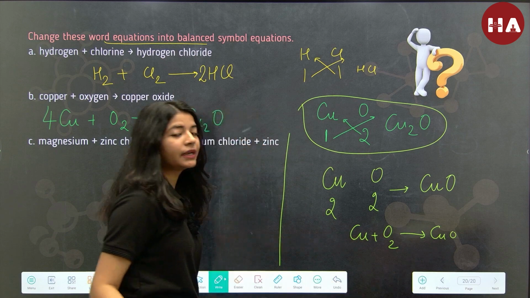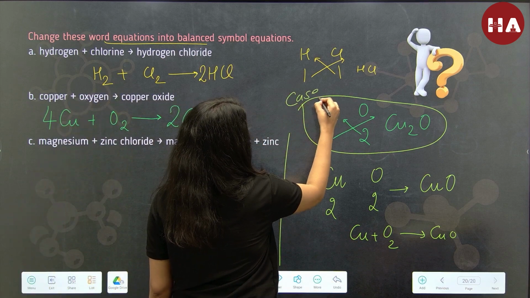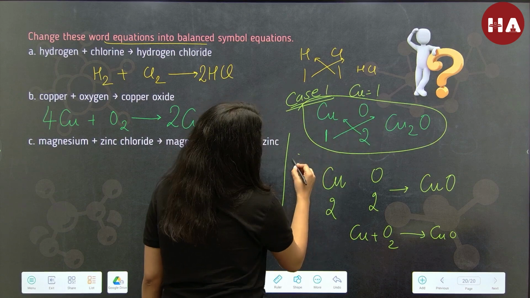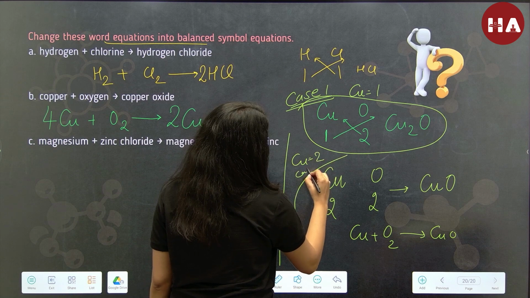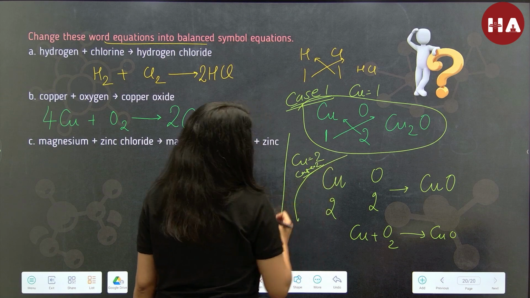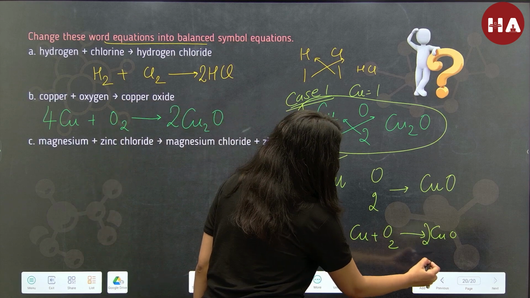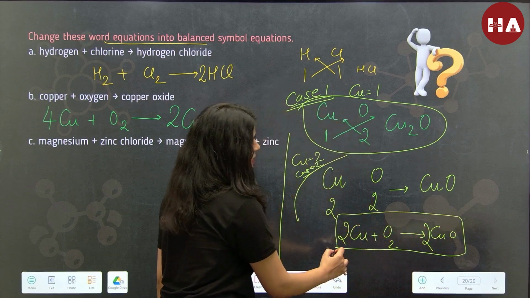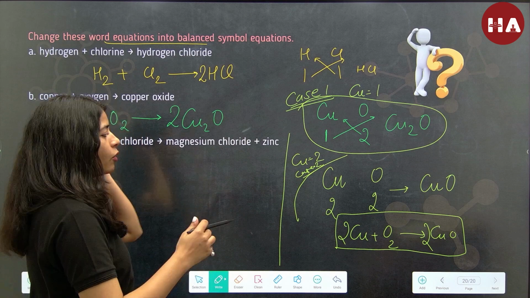The only difference is, in the first case, this is case number 1, we are considering copper valency to be 1 and here, in case 2, we are considering copper valency to be 2. You can take any, whichever you want. So now let's balance this. We'll add a 2 over here and we'll add a 2 over here. This becomes your balanced symbol equation of copper reacting with oxygen to form copper oxide.